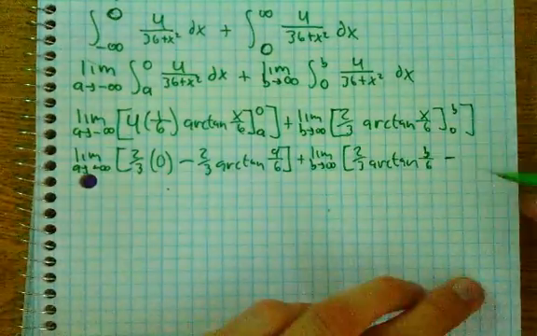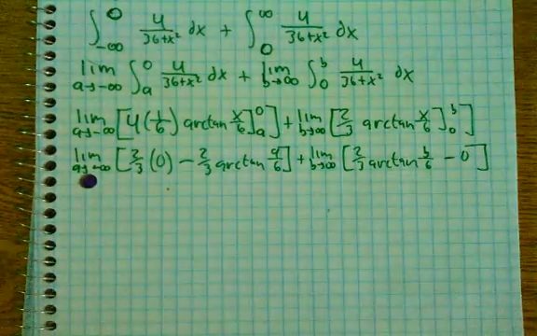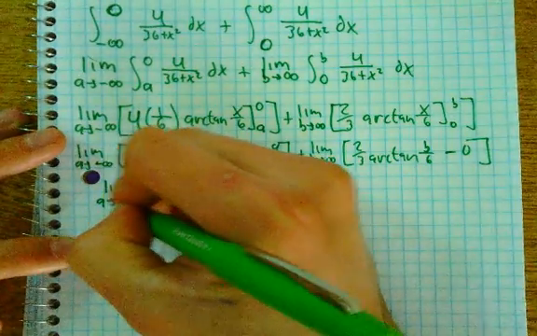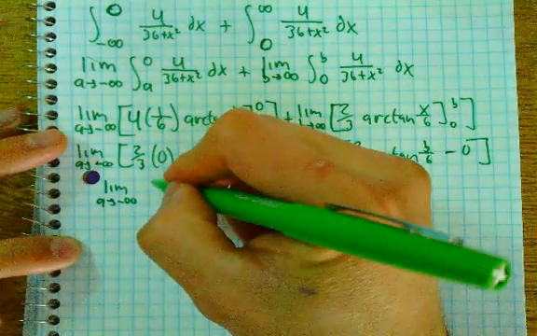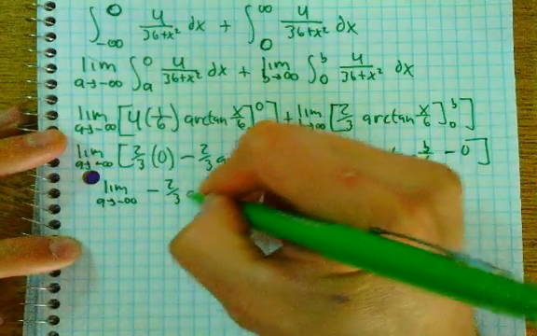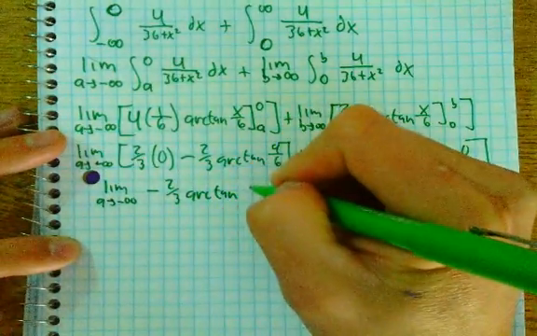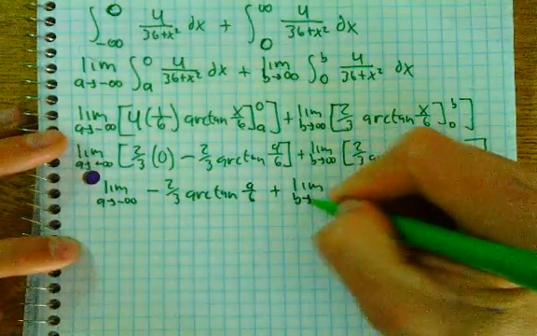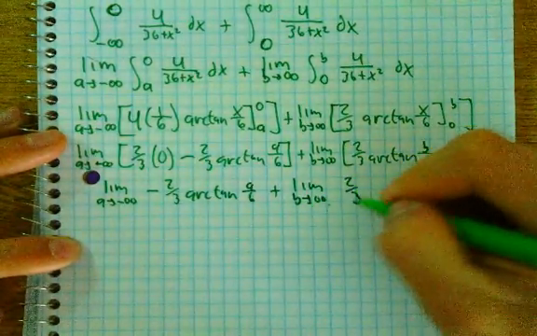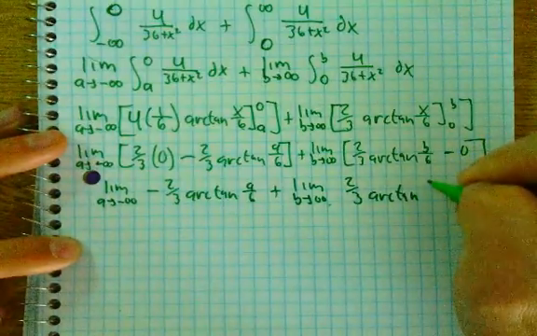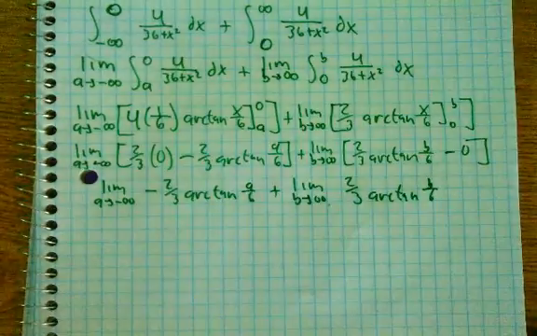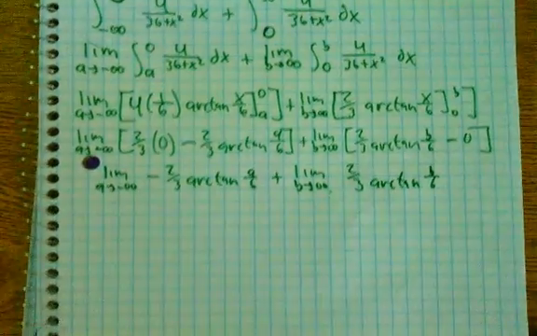Okay, so then that means we have the limit as a approaches negative infinity of negative 2/3 arctangent of a over 6 plus the limit as b approaches infinity of 2/3 arctangent of b over 6, right? Alright, now this has become a limit problem. What do you guys think?